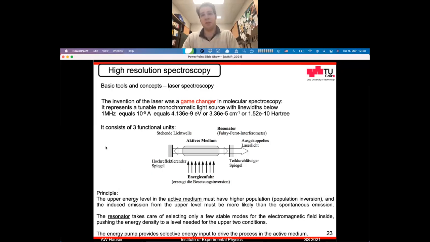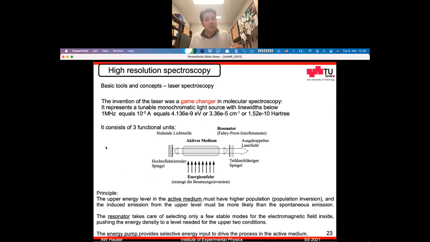So you have some source of light that has a certain spectral distribution, and with your wavelength selective elements and the active medium, you can concentrate all this energy that you bring in into a small range of frequency, because what you want to do is depopulate all those other excitations or possible energy levels that could be excited, and have only one specific resonance that is supported by your wavelength selective elements.